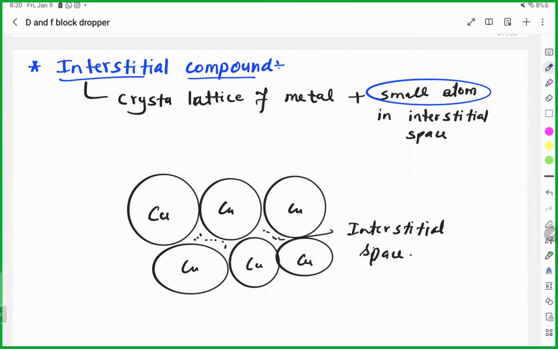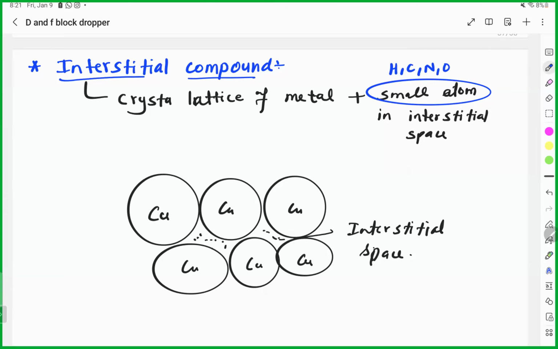For example, carbon, nitrogen, hydrogen. This small atom can exist. Such compounds are known as interstitial compounds. Of course the compound contains more than one type of atom, but small atoms only in the interstitial space.